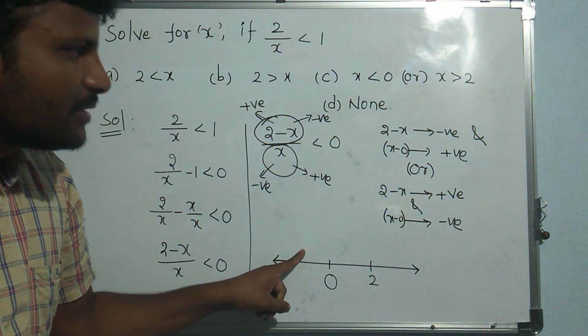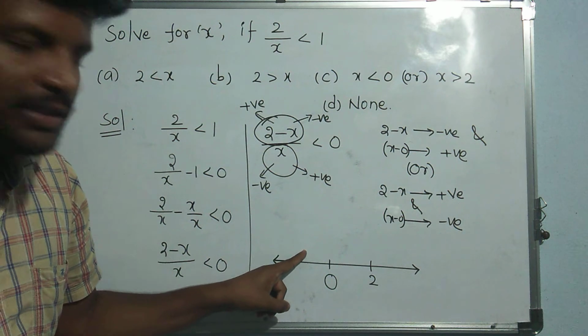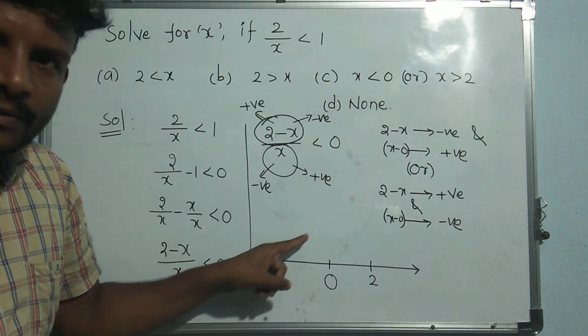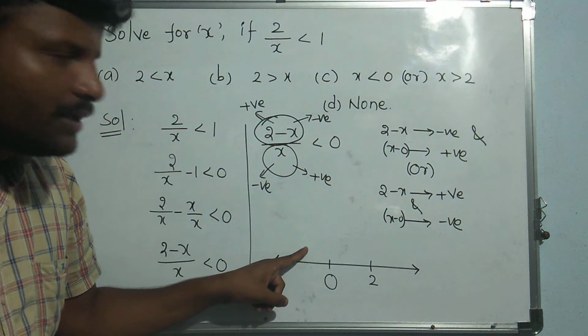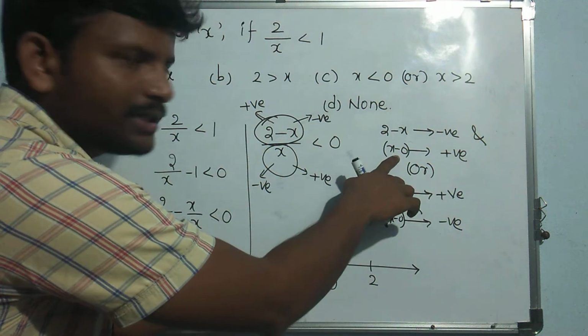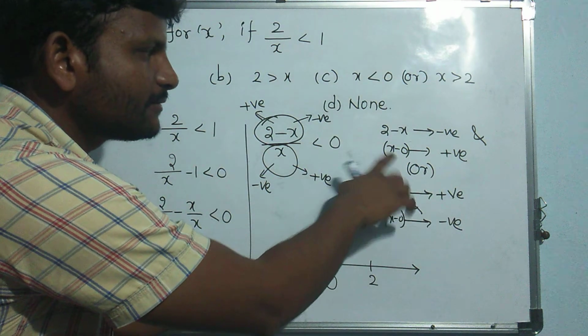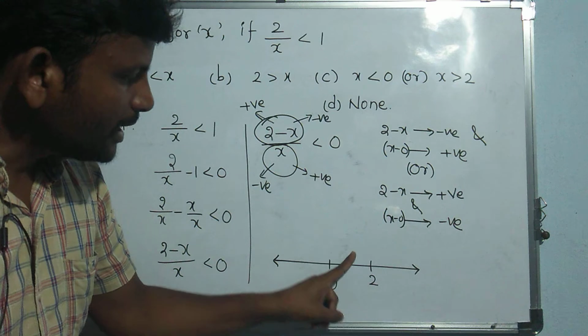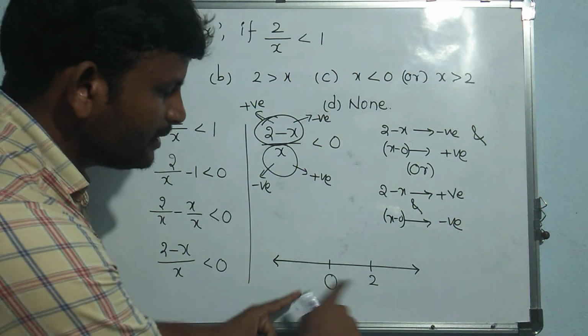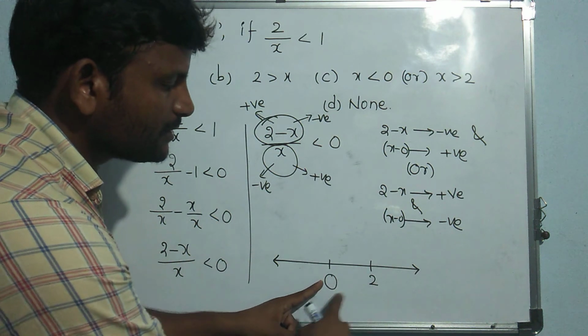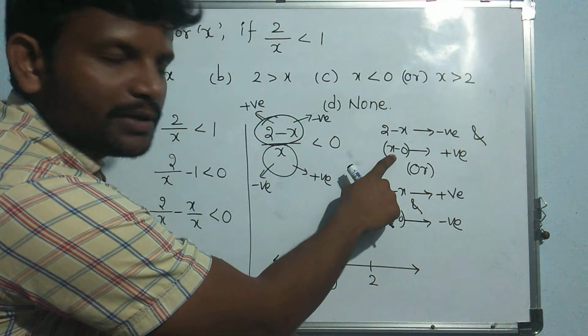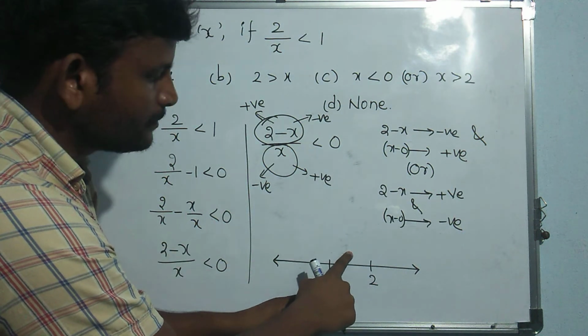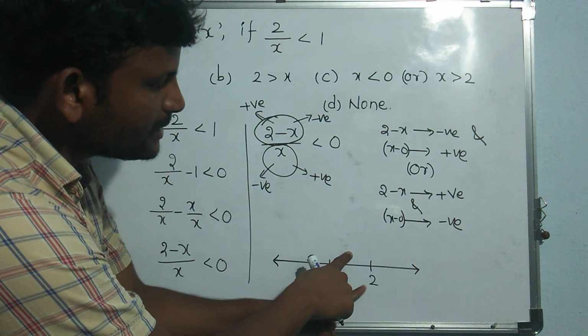If I take this region, what will happen? In this region, x values are less than 0. So this becomes what? Negative. I do not want that. I am going for this. In this region, x values are 0 to 2. This will be positive. Yes, it may be possible. And 0 to 2 means it is less than 2.